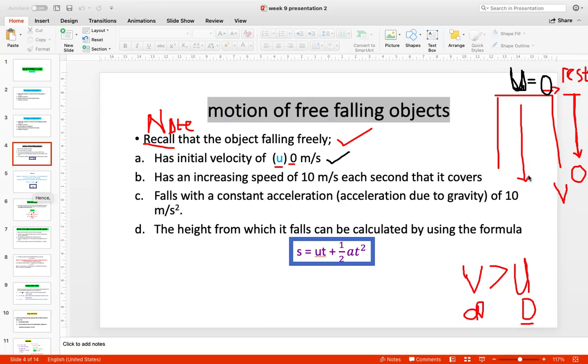Now, there is a relationship between how long it will take to reach the ground and the distance. The distance covered by the object is dependent on how long it takes. Let's say you've charged two electric vehicles at the same time, and they are driven at the same velocity.